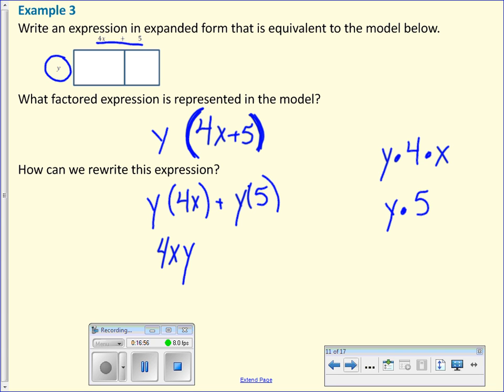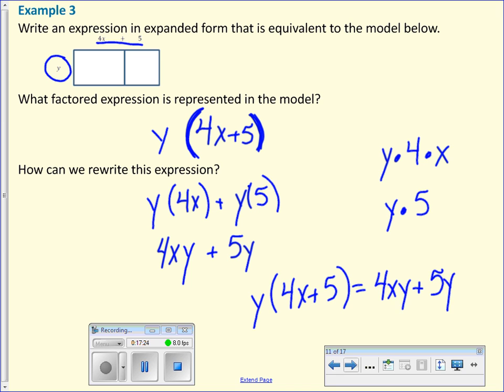You did this on your quiz last week, and you did it well, I might add. 5y. Yeah, plus 5y. The coefficient or number always comes first. Questions on where any of those letters came from? So we can summarize that y groups of 4x plus 5 equals 4xy plus 5y.